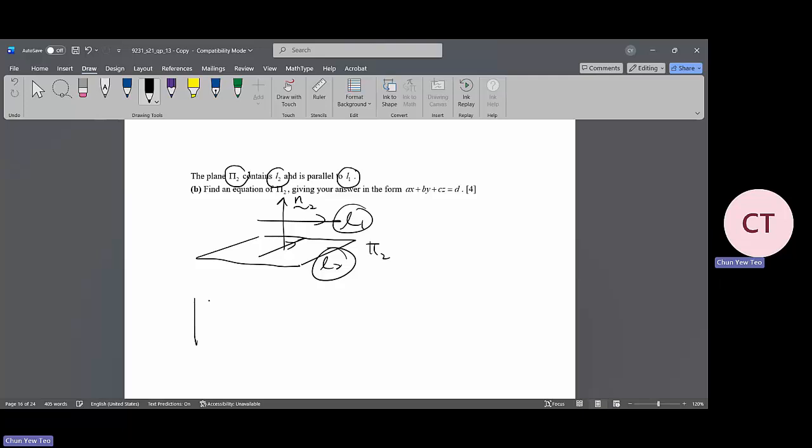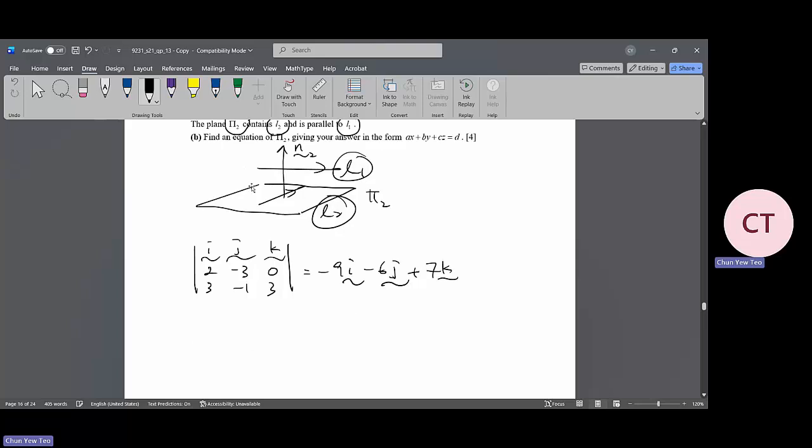Directional vector for L1 is 2, negative 3, 0. Directional vector for L2 is 3, negative 1, 3. Cross product, you will get negative 6i minus 6j plus 7k. Okay, that is your normal vector for the plane pi 2.